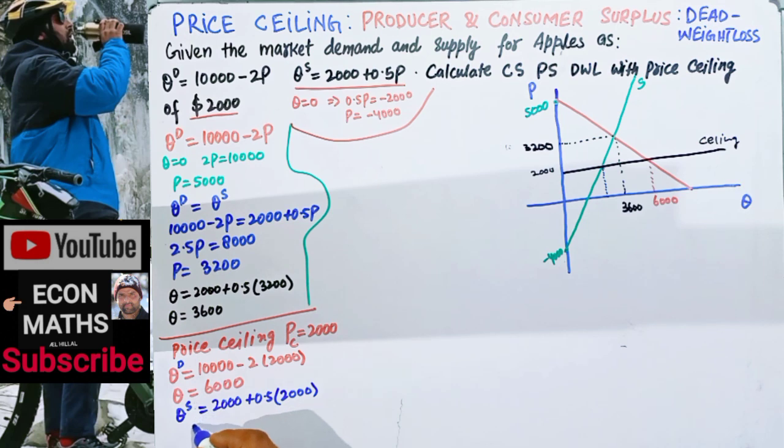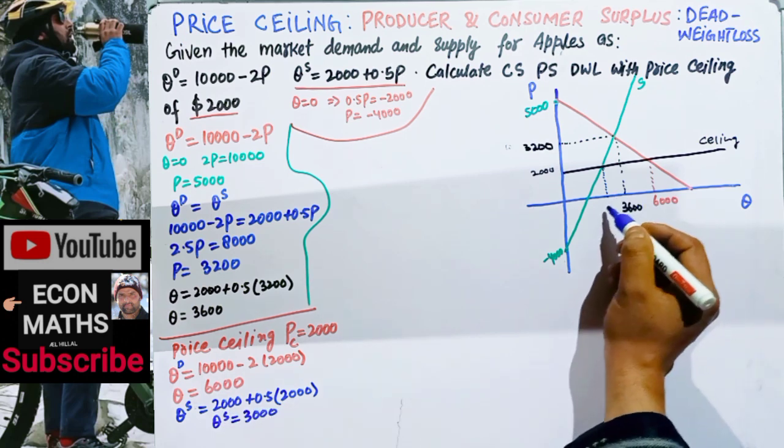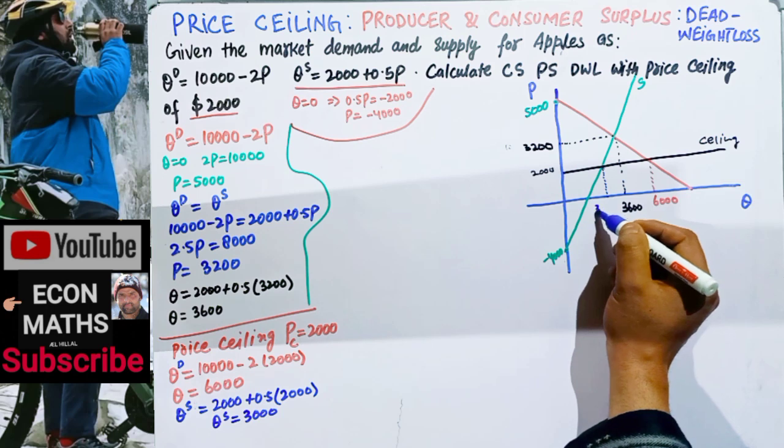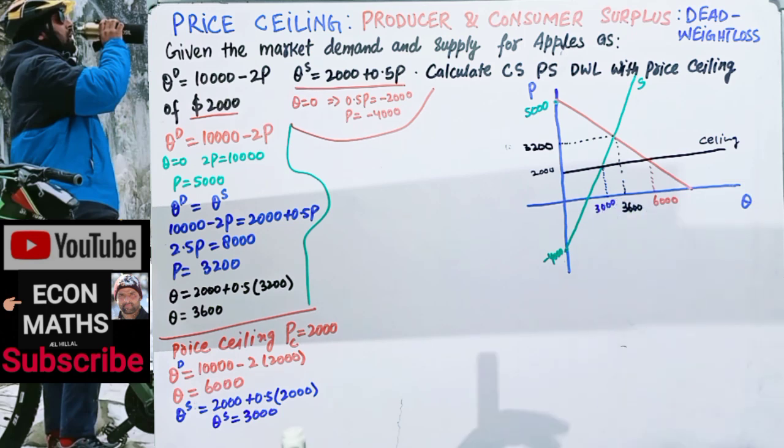That means quantity supplied is equal to 2000 plus half of 2000, that is 3000. So here we have 3000. Okay, first thing.